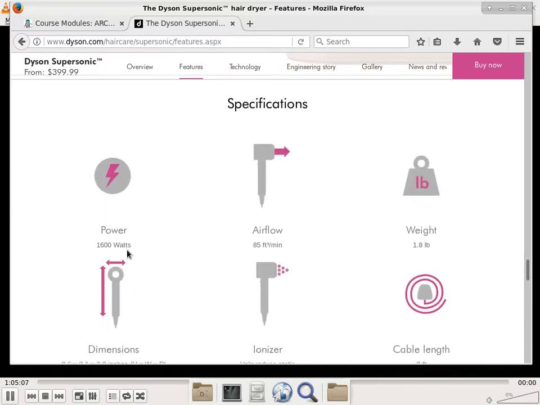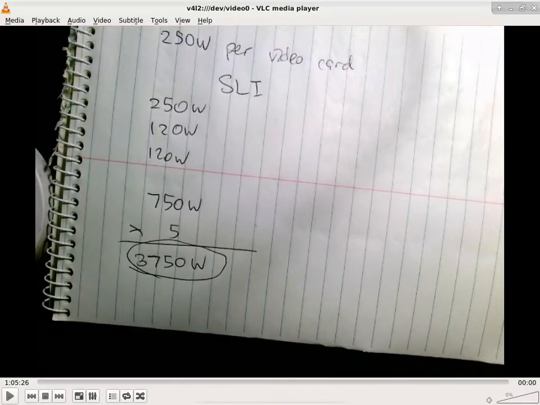Specifications. There we go. Power is only 1600 watts. Okay. Well, I mean, some of these are up to like 1850, which is the maximum of what a 20 amp circuit breaker can do. So this one is only 1600. So when you compare this to the power consumption of your five-person LAN party, it comes a little short.